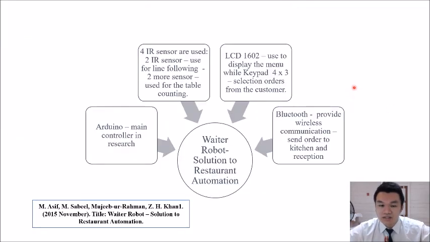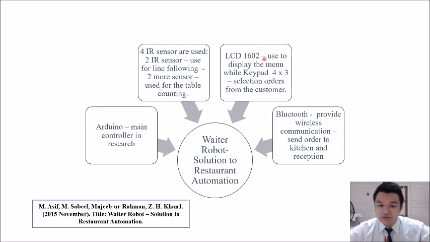The last review is the waiter robot solution to restaurant automation. In this project, the microcontroller used is Arduino. There are 4 IR sensors used: 2 IR sensors are used for line following, and the other 2 IR sensors are used for table counting.